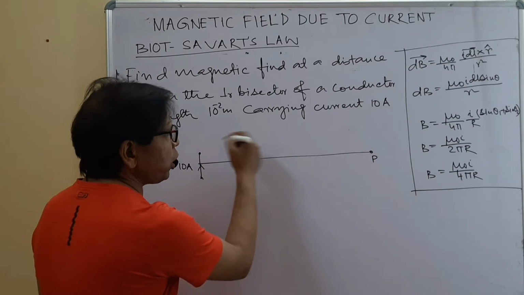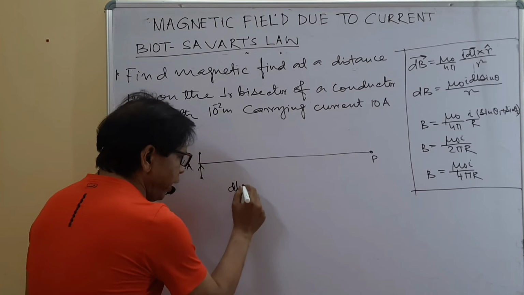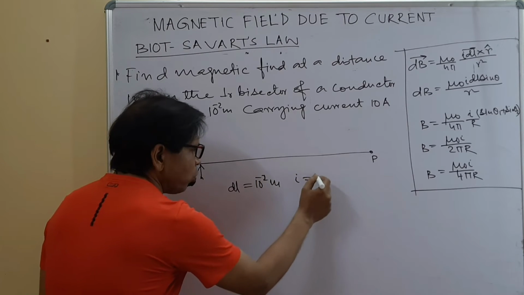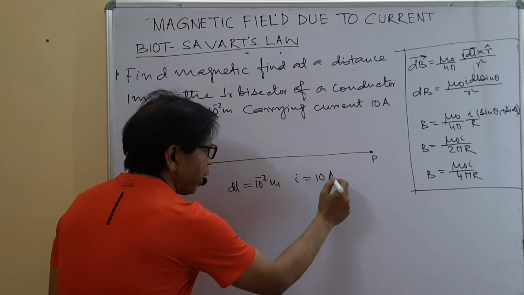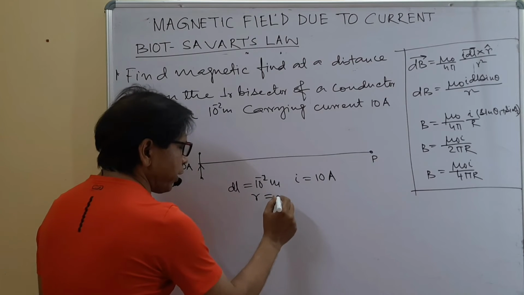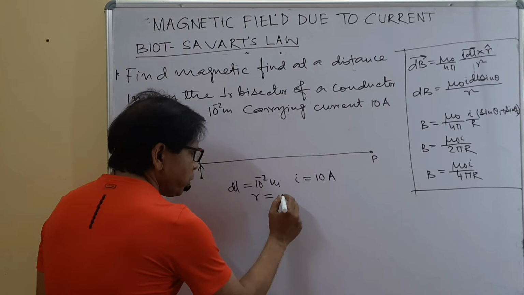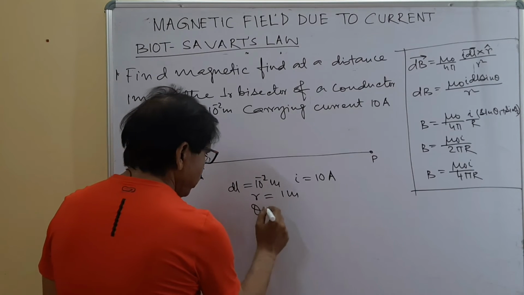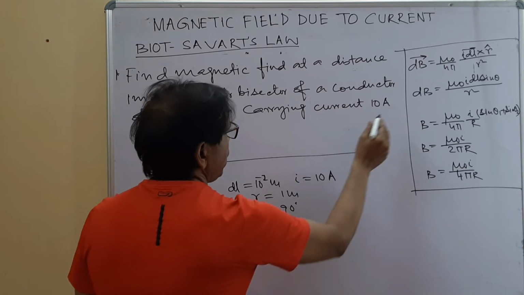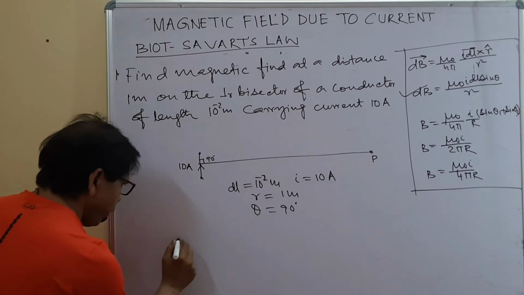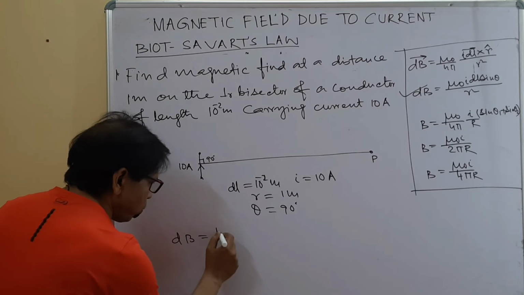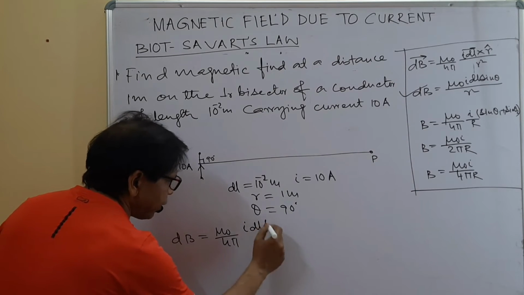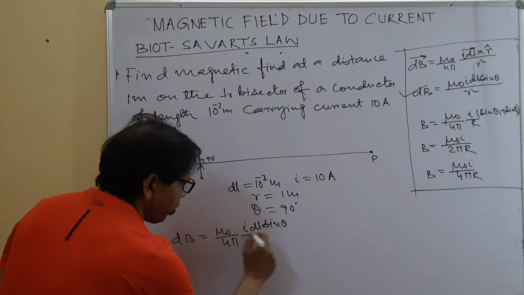From this figure we can write dl equals 10 to the power minus 2 meter, I equals 10 ampere, and r equals 1 meter, and this is 90 degrees, so here θ equals 90 degrees. Using this relation, dB equals μ0 by 4π, I dl sin θ divided by r square.